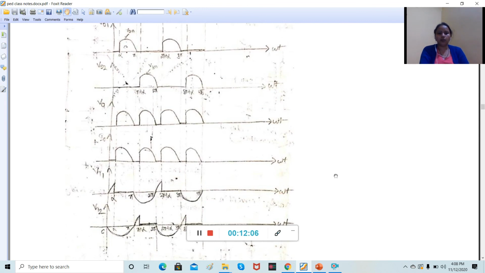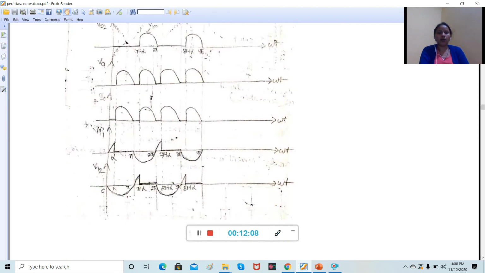And these two waveforms are the voltage across thyristor T1 and voltage across thyristor T2. See, when thyristor T1 is on, voltage drop across that thyristor is 0, that is from alpha to pi, because from alpha to pi T1 is on and the rest of the part T1 is off. That's why here the supply voltage appears.